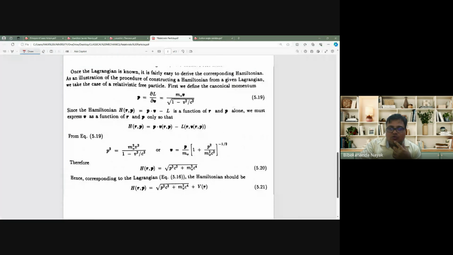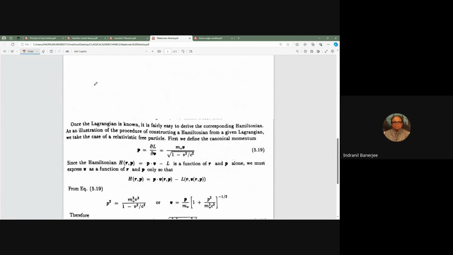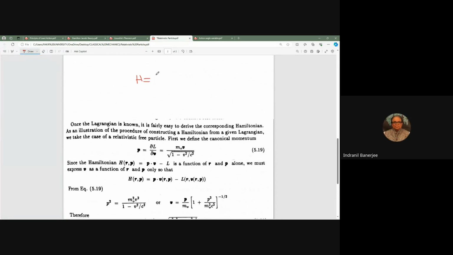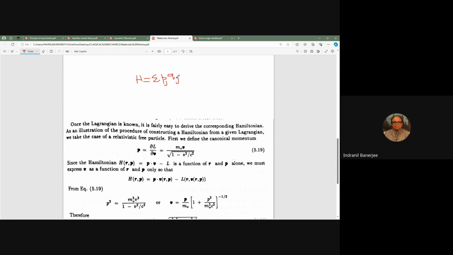Then go for the Hamiltonian. Once the Lagrangian is known, it is fairly easy to derive the corresponding Hamiltonian, because using our formula, we know the Hamiltonian is equal to the sum over j of Pj Qj dot minus L. Once we know the Lagrangian, we find this Pj.